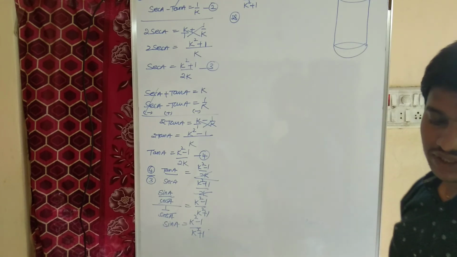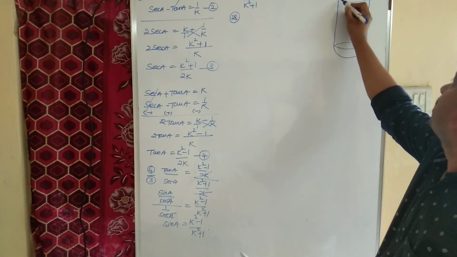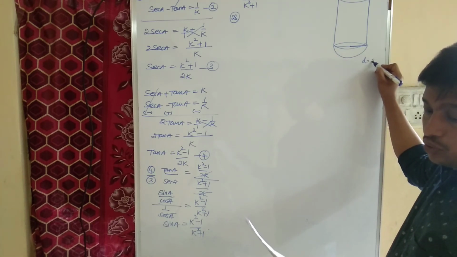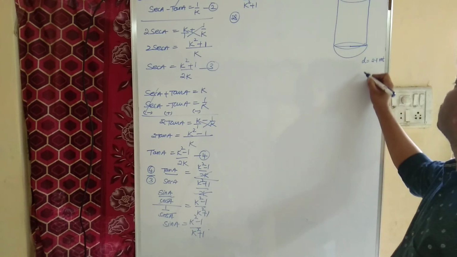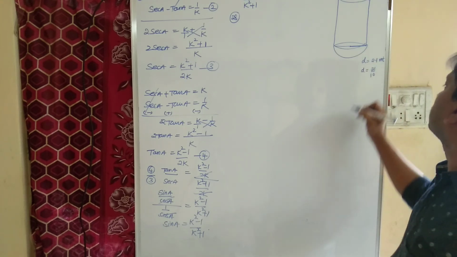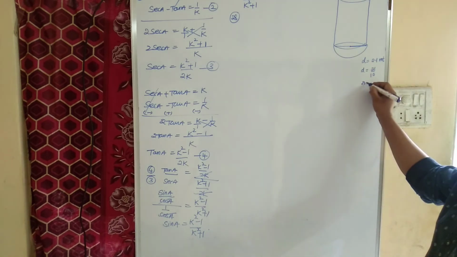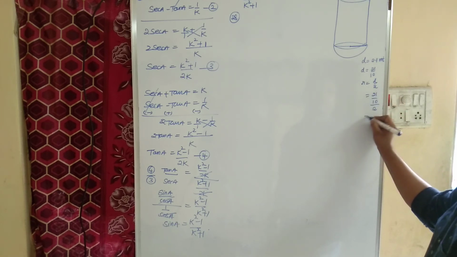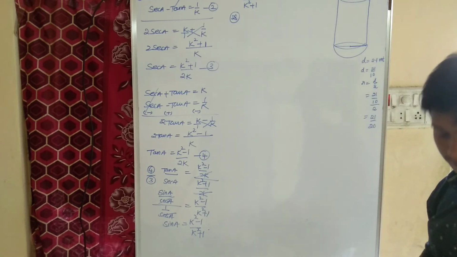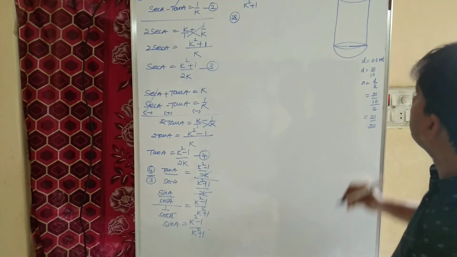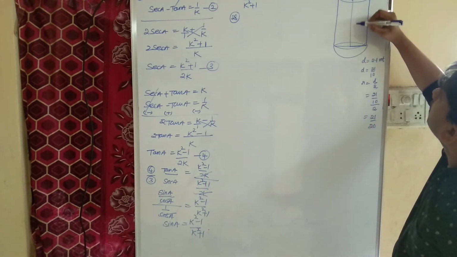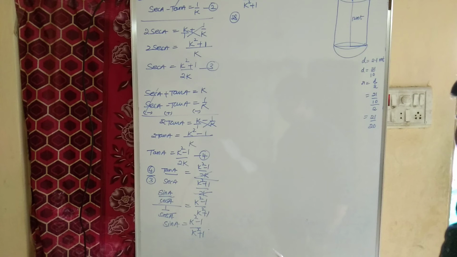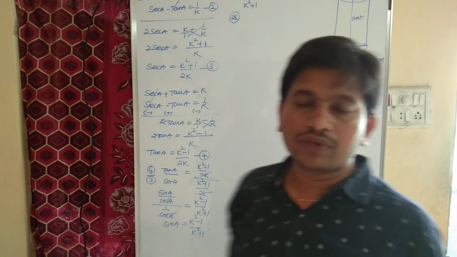If the external diameter of the cylinder is 2.1 meter, I can write 2.1 as 21 by 10. But we need to find the radius. Radius is nothing but half of the diameter. 21 by 10 divided by 2 becomes 21 by 20. And its length is 12 meters. Then find the total surface area of the tank.